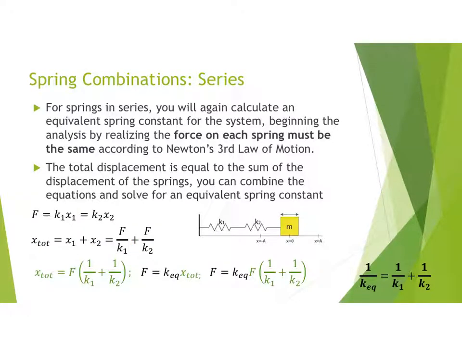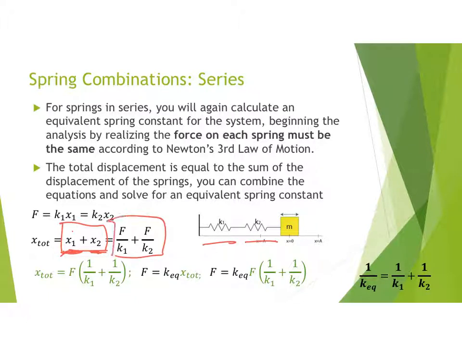When the combinations are in series, so they're attached to each other one after the other, like this, then we have to do something a little bit different because their displacements won't necessarily be the same. The first spring may displace a certain amount, and the second spring may displace a different amount. Because of that, we have to rearrange this.